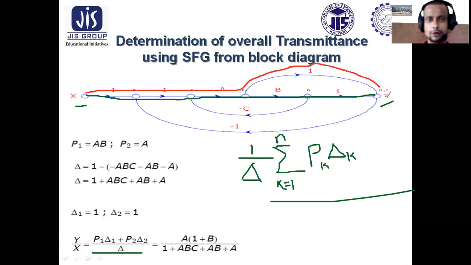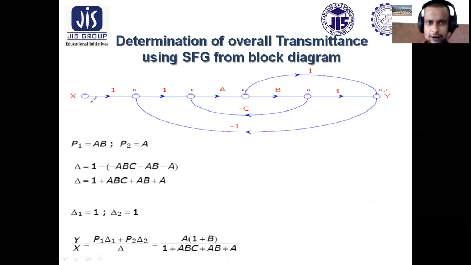This is another forward path. So there are two forward paths. For the first straight-line forward path, the gain will be 1 into 1 into A into B into 1, so the gain is AB. For the second forward path, the gain will be 1, 1, A, 1, so the gain is A. So there are two forward paths with AB and A gain respectively.